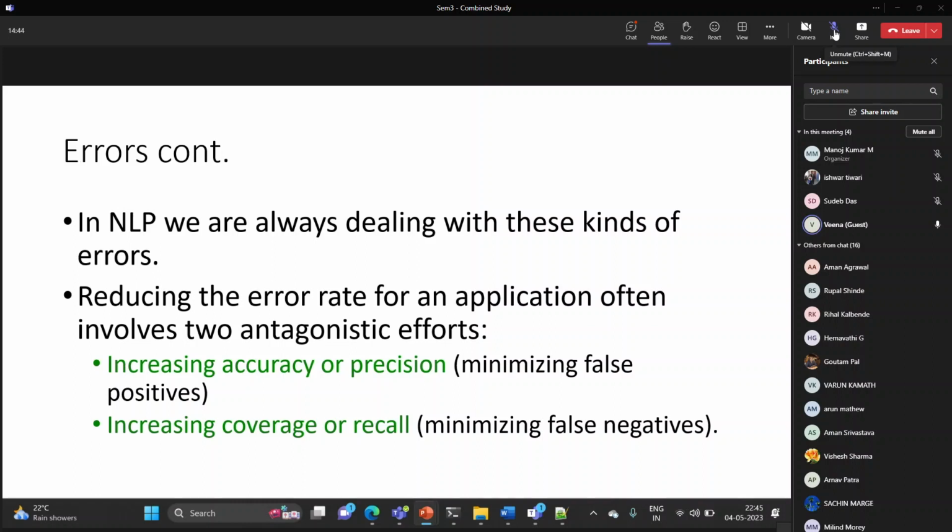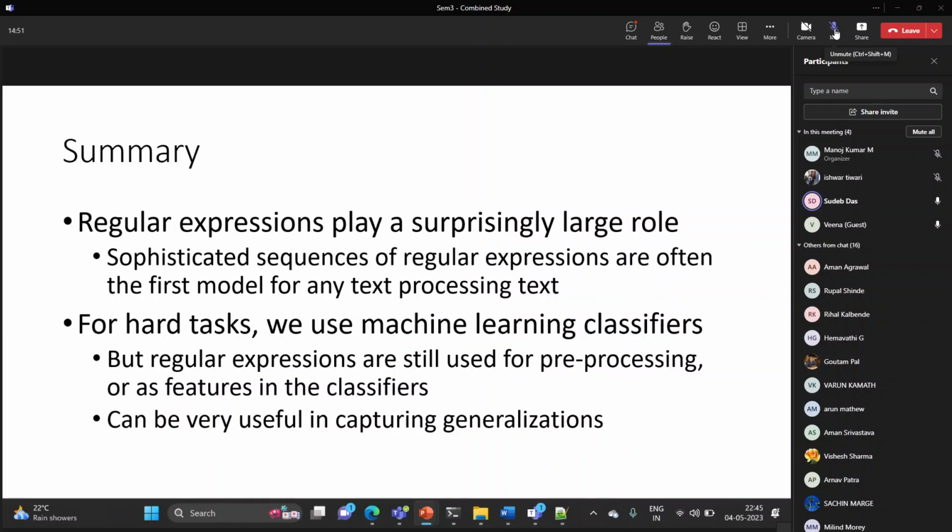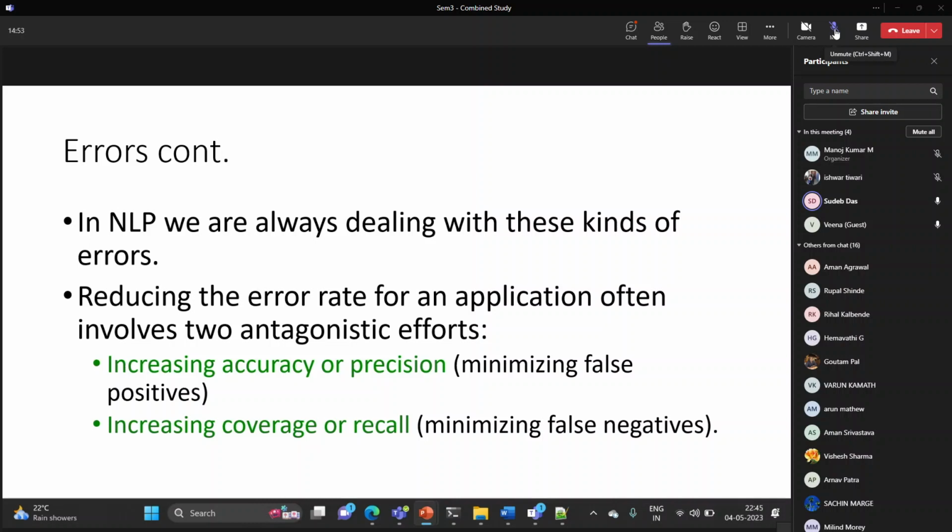To increase the coverage or recall, we need to minimize false negatives.